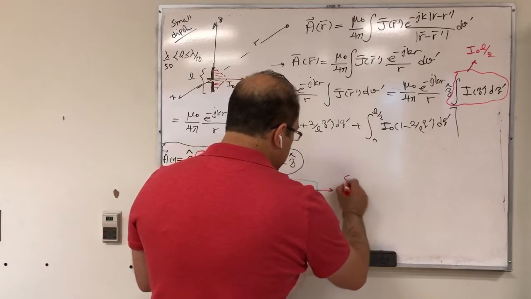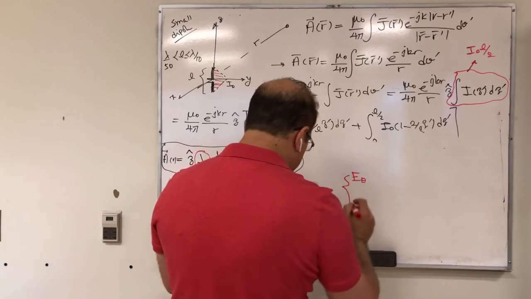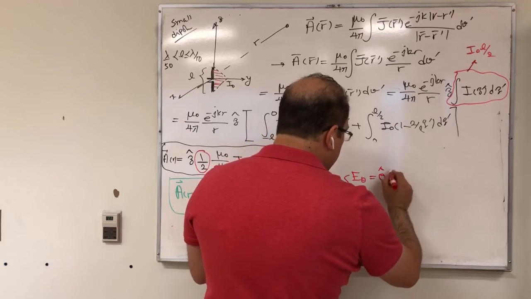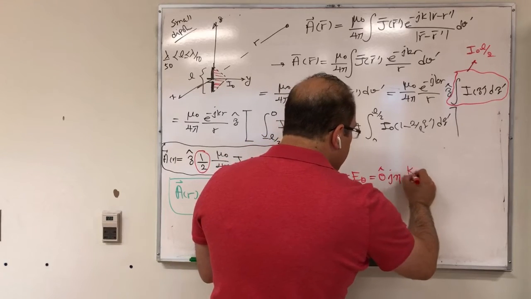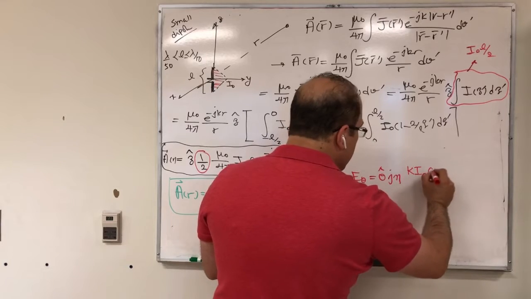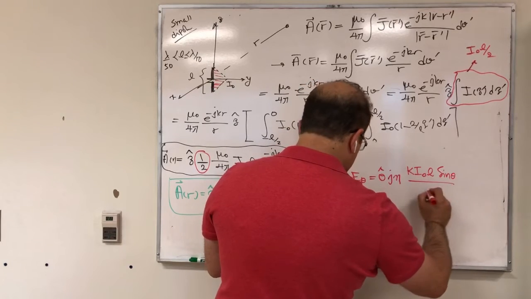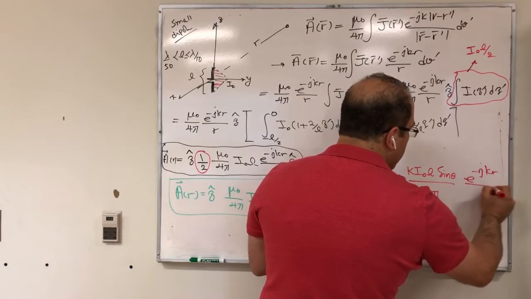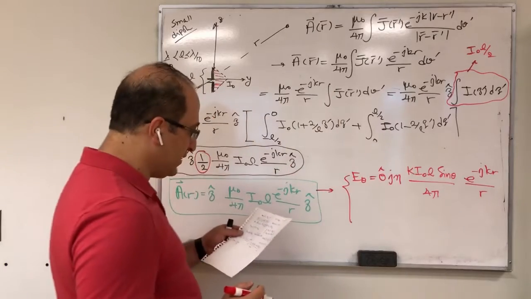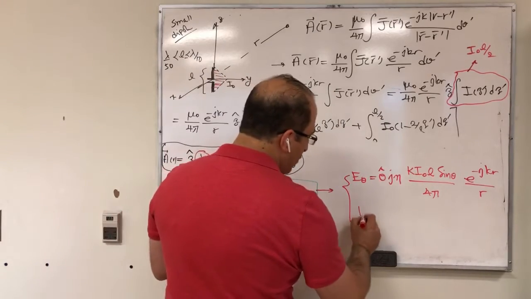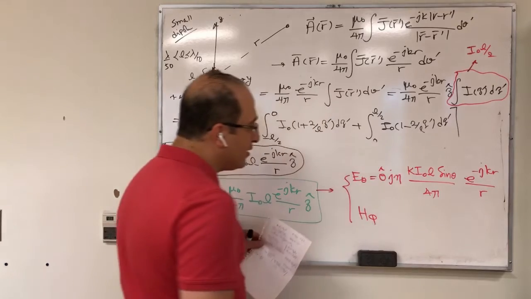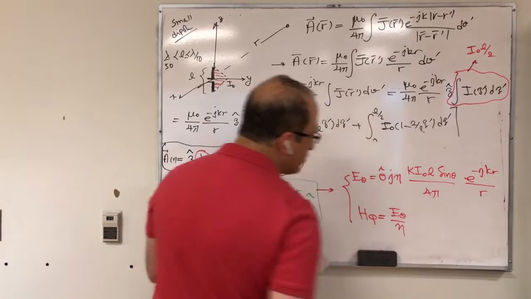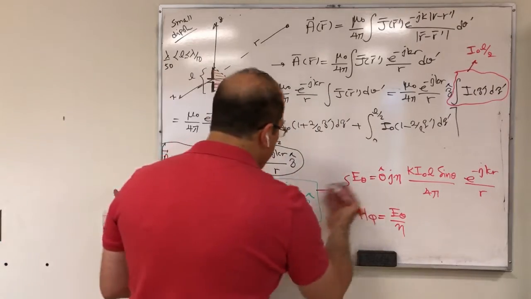This one resulted in E theta, which was theta hat j eta k I naught L sine theta over 4 pi e to the power of minus jkr over r. So this is what I had, and then of course I'm going to have an H phi, which is E theta divided by eta.